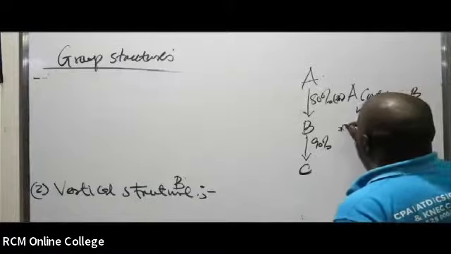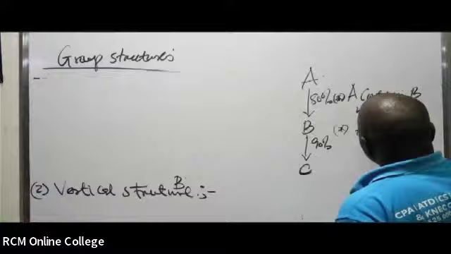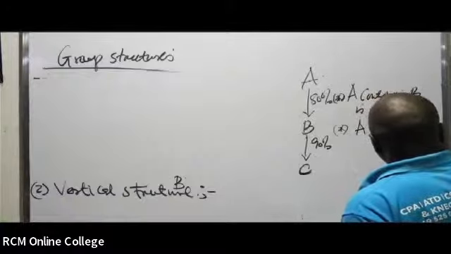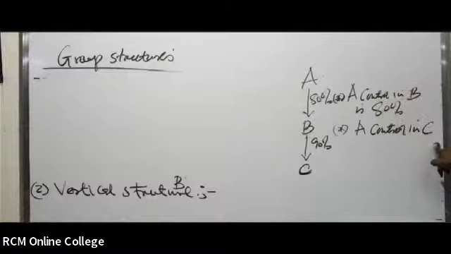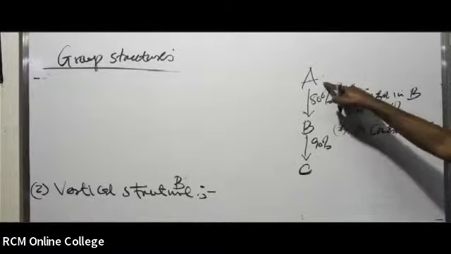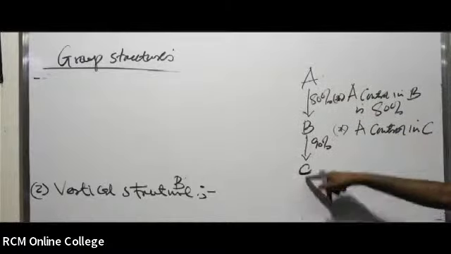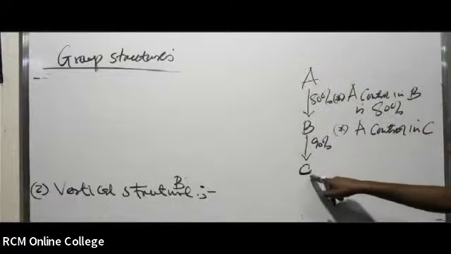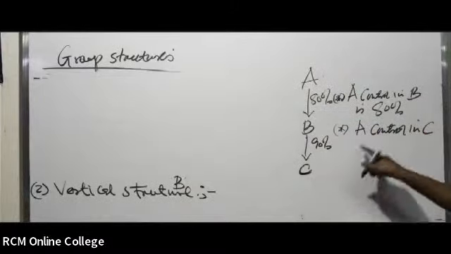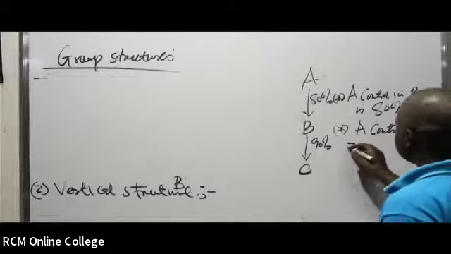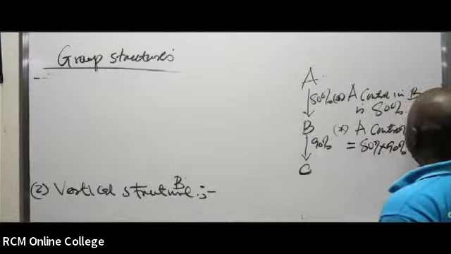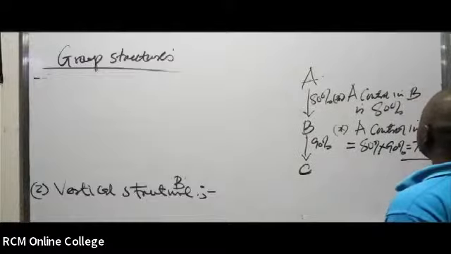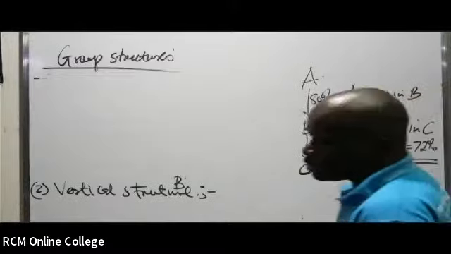Then another thing that is very important: A's control in C, how do we get it? Listen to what I'm going to do here. Remember, A has not directly acquired in C, but still it has control. So A's control in C is equal to 80% multiplied by 90%, which is equal to 72%.